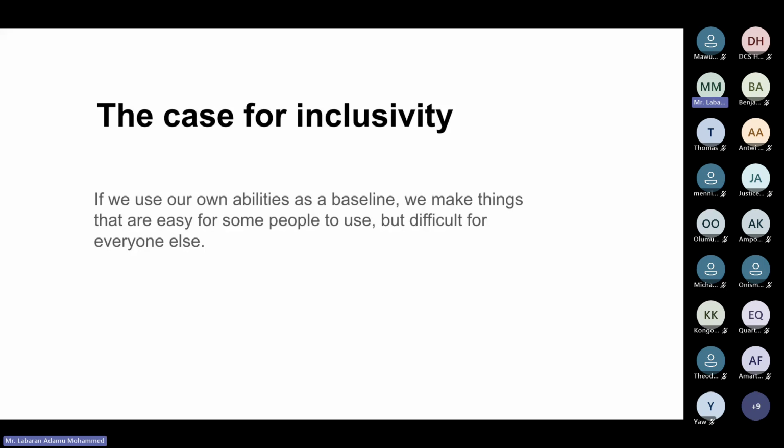So in the case of inclusivity, if you use your own ability as a baseline, let's say you as a developer, you as a person building the product, it makes the product easy for some of us, but not everyone, because we actually don't know the types of people we have all over the world.